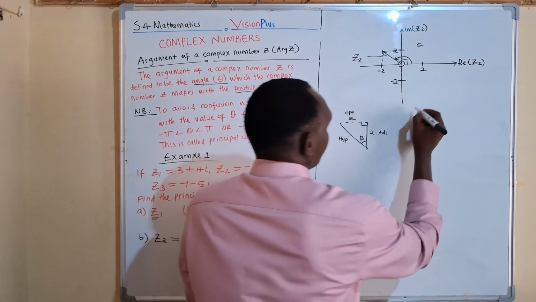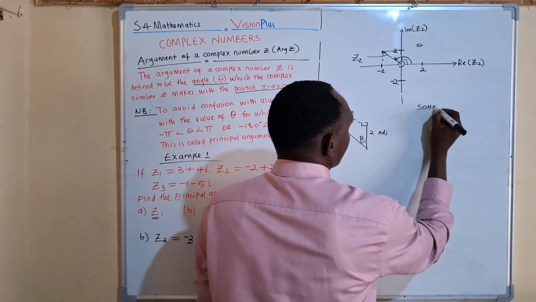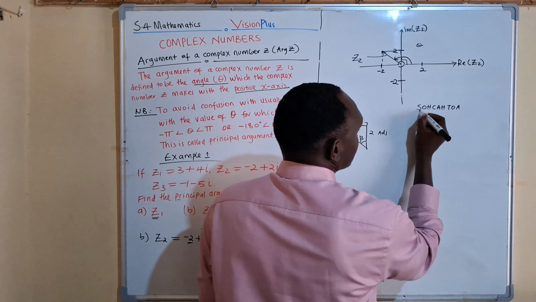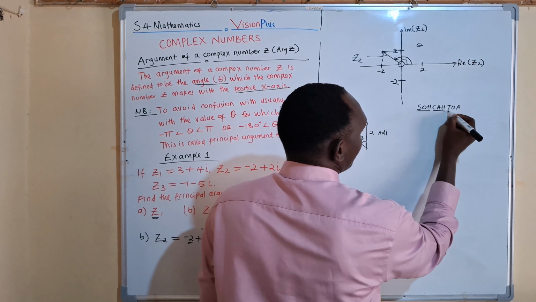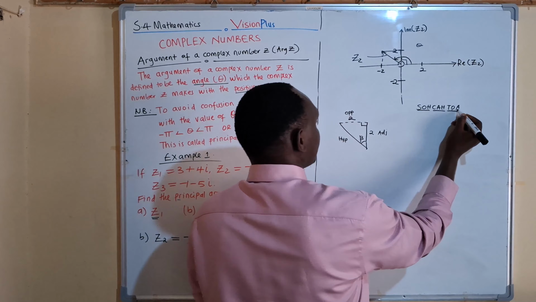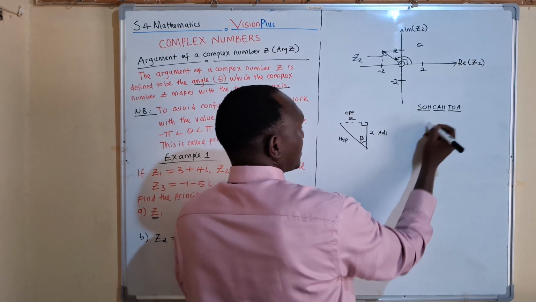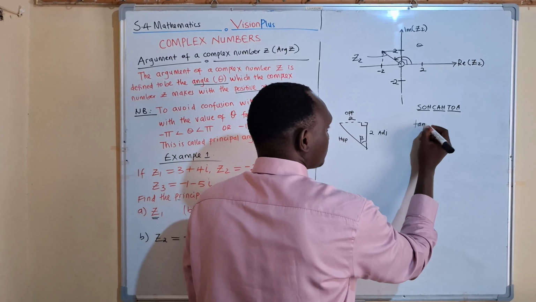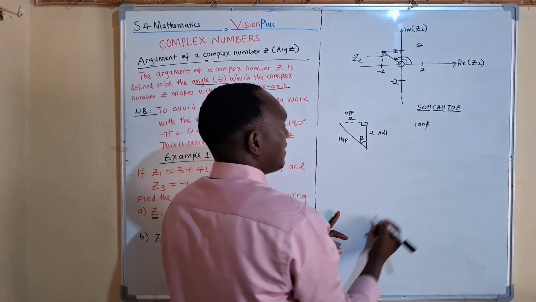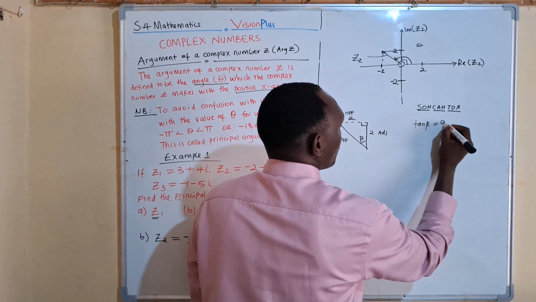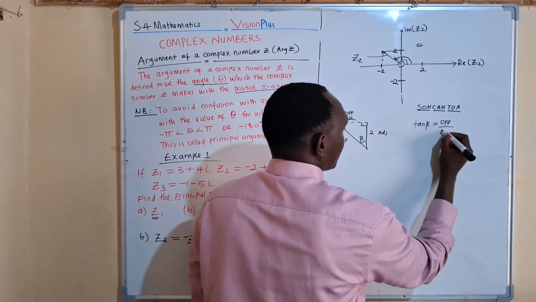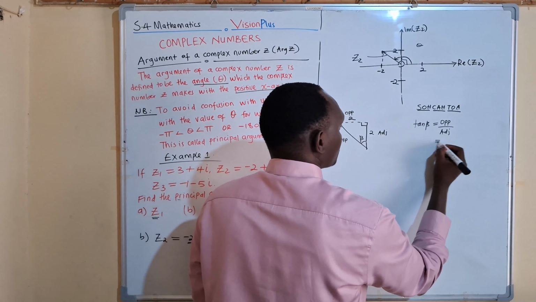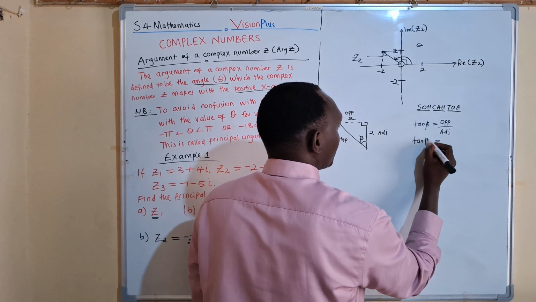If you apply SOHCAHTOA, this is for sine, this is for cos, this is for tan. Since we have the opposite and adjacent, we shall apply tan. So here we shall say tan of our angle, which we are calling beta, is given as opposite over adjacent.